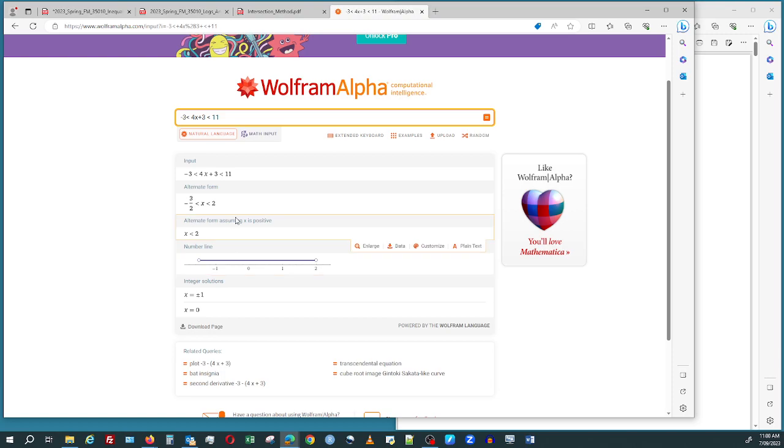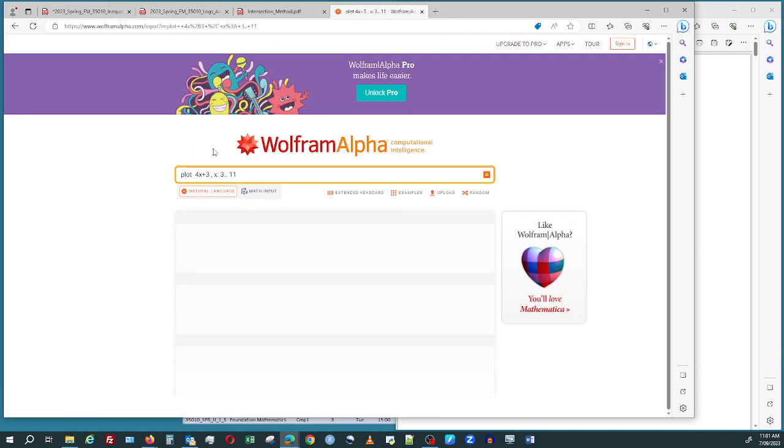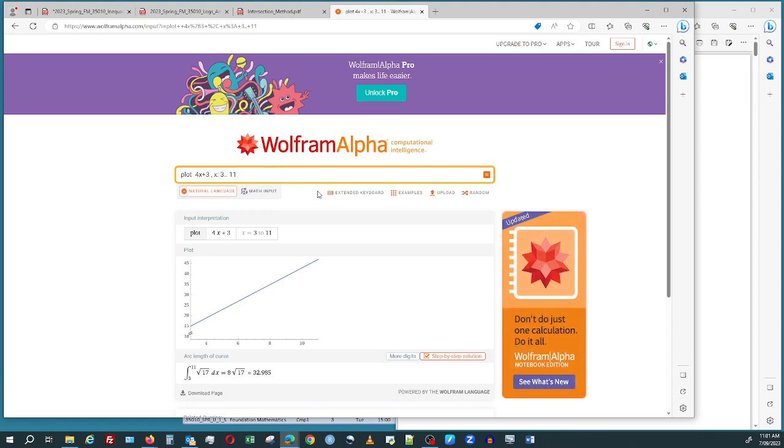Okay, we could get a bit tricky and talk about 4x plus 3. We could plot 4x plus 3. And we could say, let's do x between 3 and 11. And let's see what we come up with. 3 to 11. And there's our interval. Actually, go a bit earlier. 2.